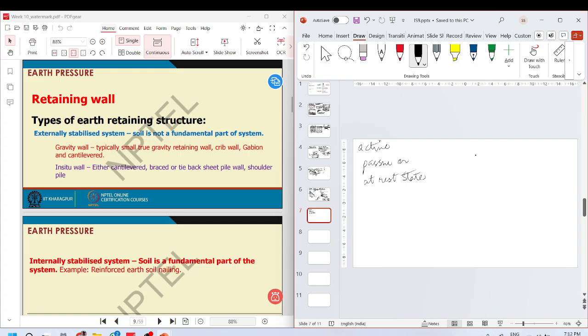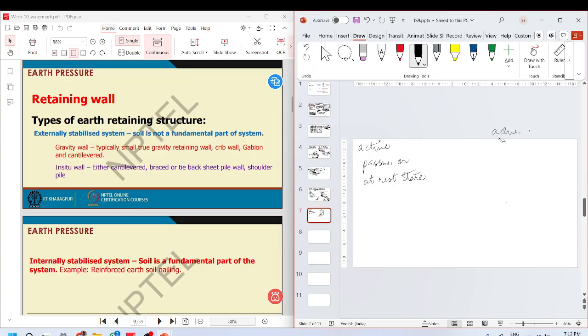It's like a door. When you're pulling it, this is like a passive mode. When you're pushing it, it's active mode. And when it's at rest, when you're not doing anything, then it's at rest.